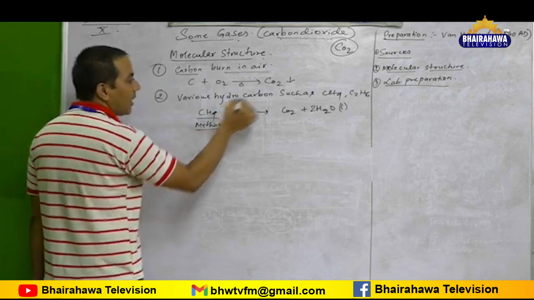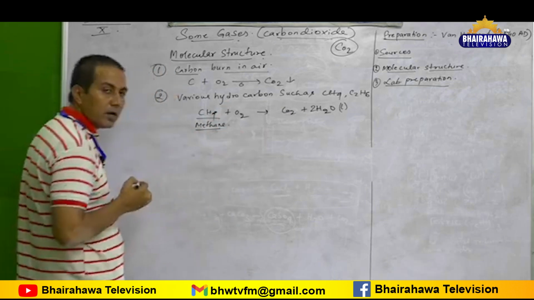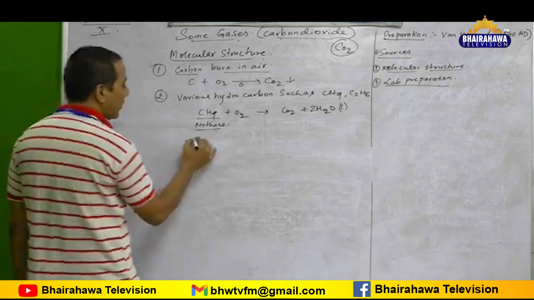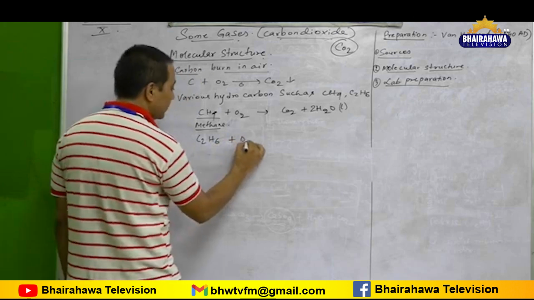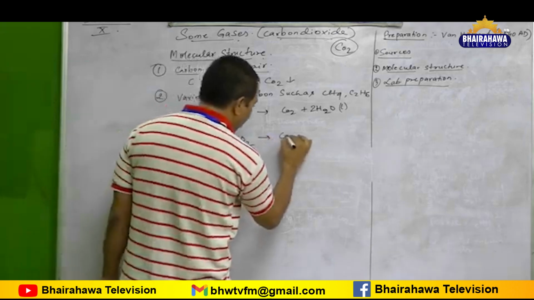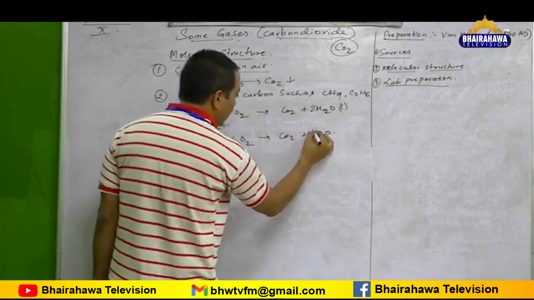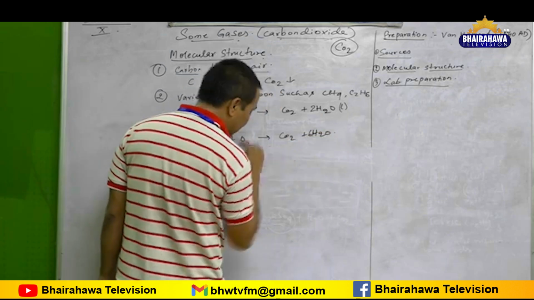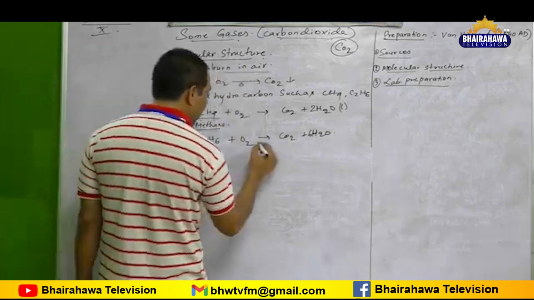So, hydrocarbons react with oxygen to form carbon dioxide and water, and ethane, C2H6, also reacts with oxygen to form carbon dioxide plus water. Okay.